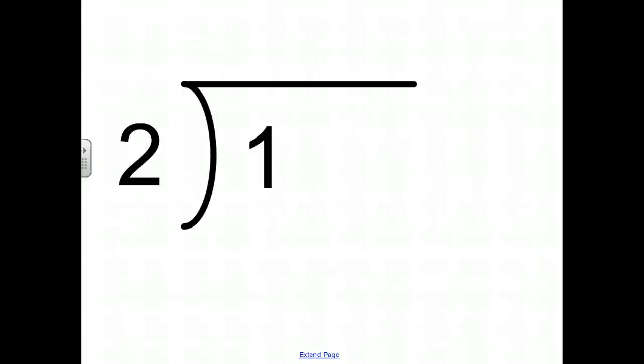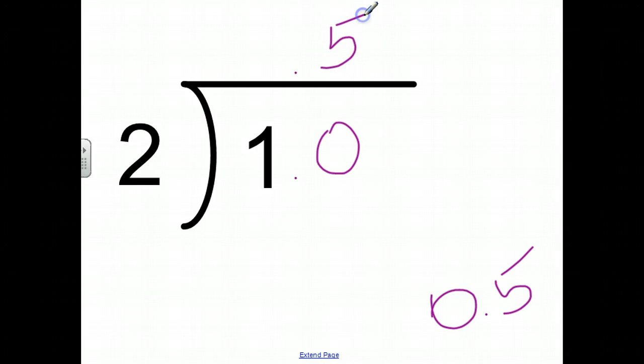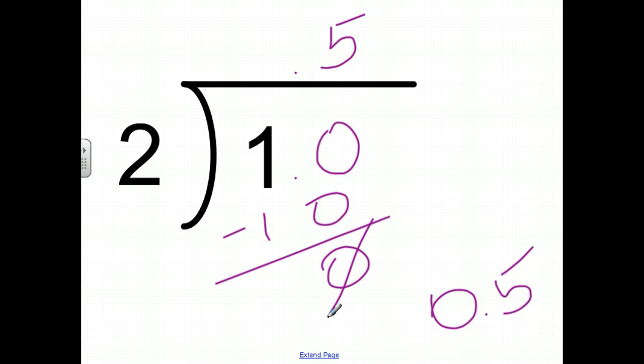Now we know that the decimal version of 1/2 is 5/10. We said that before, but let's go ahead and go through this division and see what we mean. So 2 cannot divide evenly into 1 because 1 is less than 2, so we add a 0 here, we add the decimal point on top, and we have 2 divided into 10. Well, 2 divides evenly 5 times into 10. And we have a 0, and we're done.